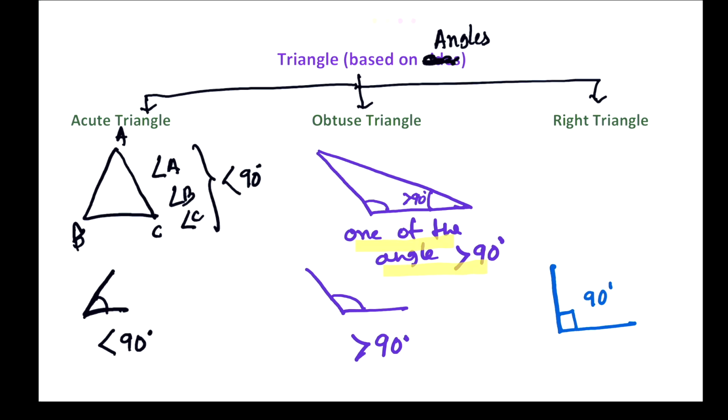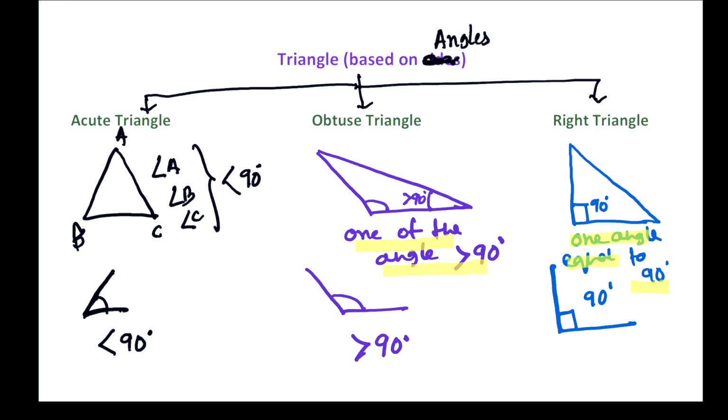Let's move on to right angle triangle. A triangle whose one angle is 90 degrees is called a right angle triangle. This is the right angle, which is 90 degrees. One angle is equal to 90 degrees.